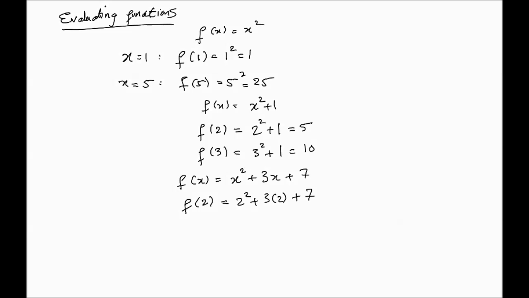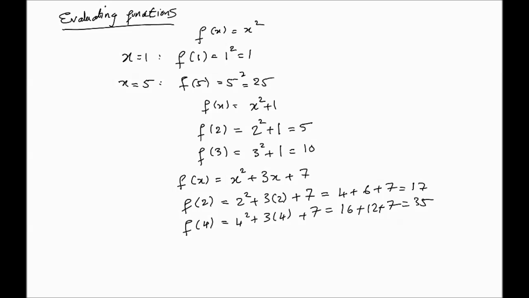So we don't do anything to it, we just copy it down as it was. And that means we get 2 squared is 4, plus 3 2s is 6, plus 7, so that gives us 17. Another one of this, f of 4, for instance, is 4 squared, plus 3 times 4, plus 7, that gives us 16, plus 12, plus 7, that gives us 35, okay?